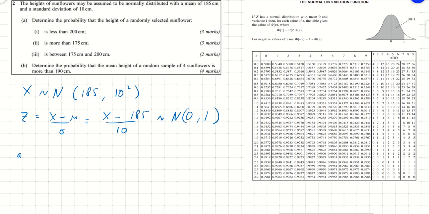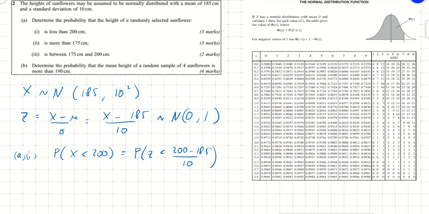Well, let's have a look at part 1. Part 1 asks for the probability that a height is less than 200. So that's the probability x is less than 200. Well, z is x minus 185 over 10, so this is the same as the probability that z is less than 200 minus 185 over 10.